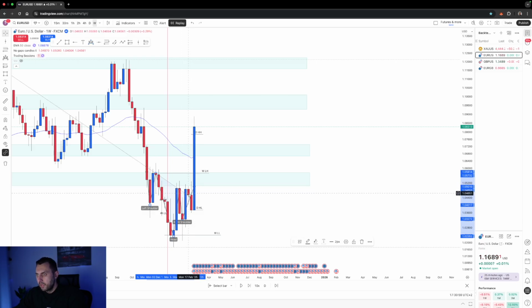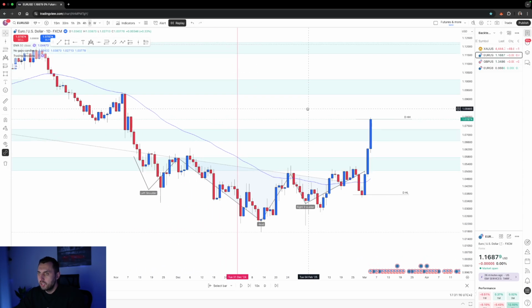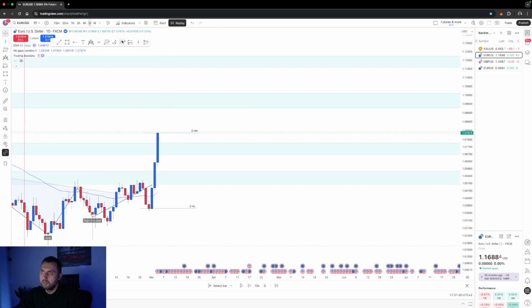Yeah, and I would wait for the price to come over here, but as I can see this bullish candle, this bullish engulfing candle, I don't think it will get down here. But let's see, I think it will get here and push up something like this. I don't know, maybe it will be something like this.